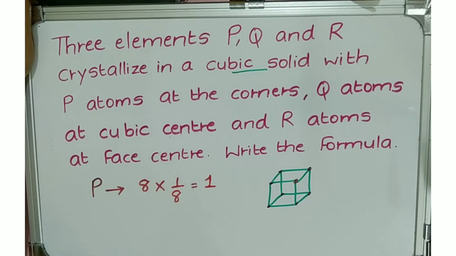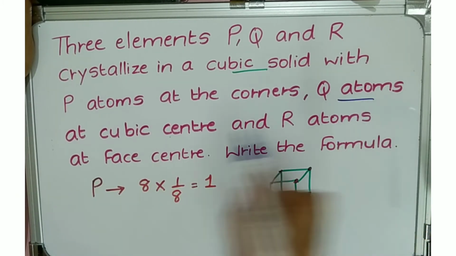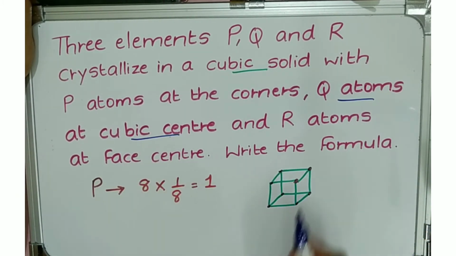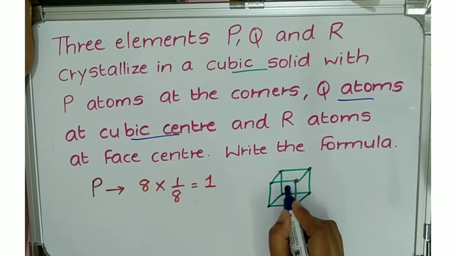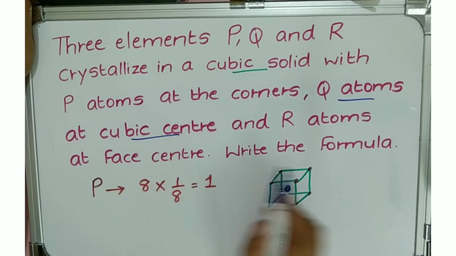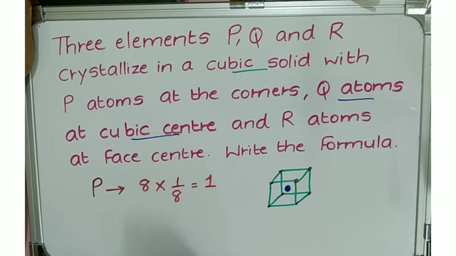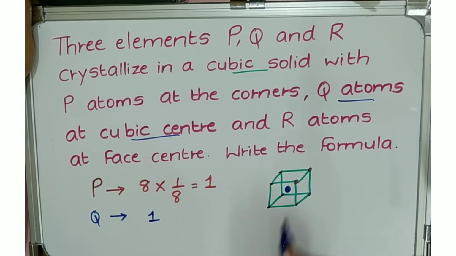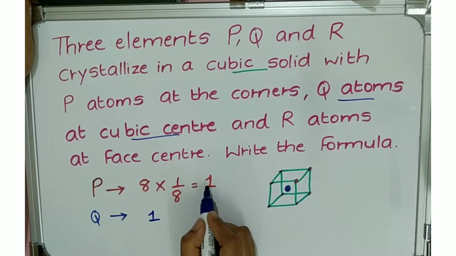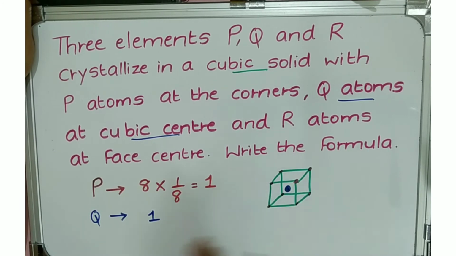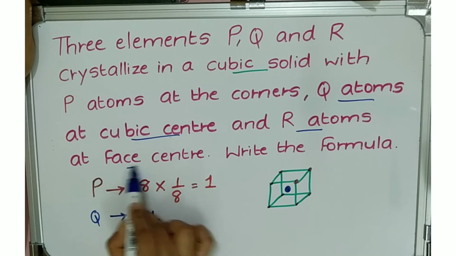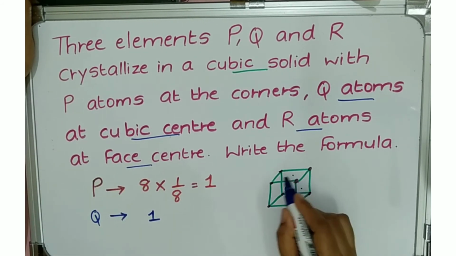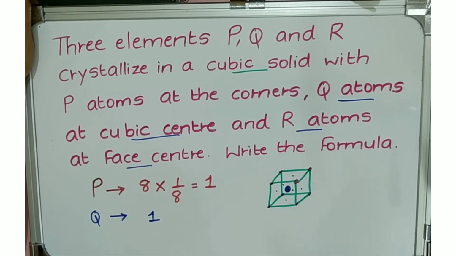See the next one. Q atoms at the cubic center. Q atom at the cubic center means inside the cube's center, that is body centered, right? So Q will be 1. Correct? Body centered only 1. Already we have calculated for the corners. See the next one. R atoms at face center. That means how many faces is it having? 6 faces.